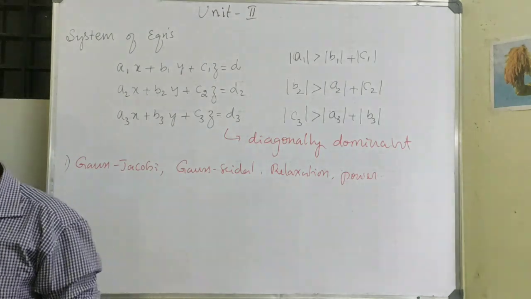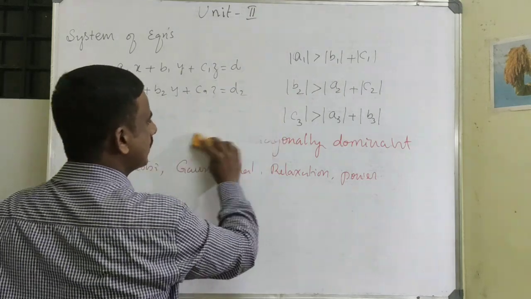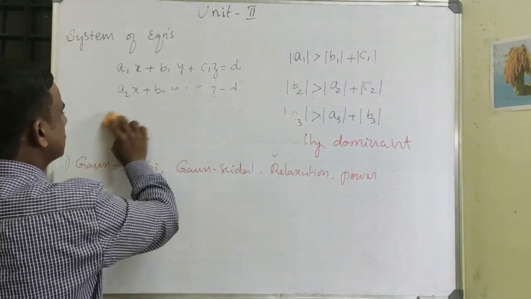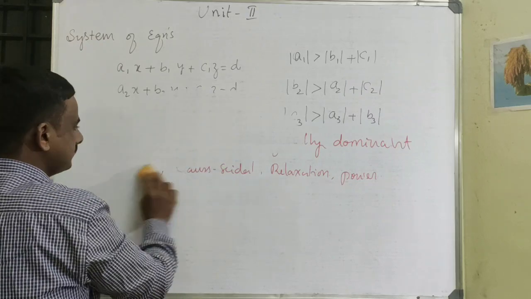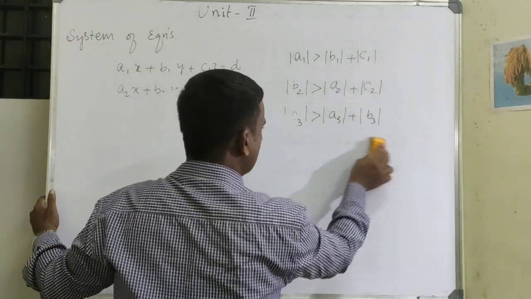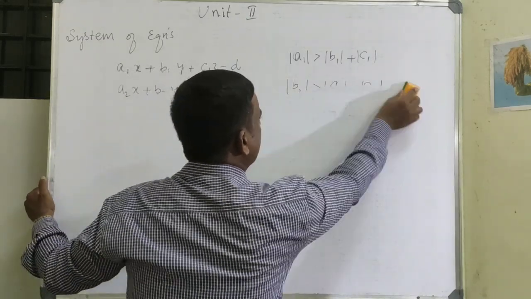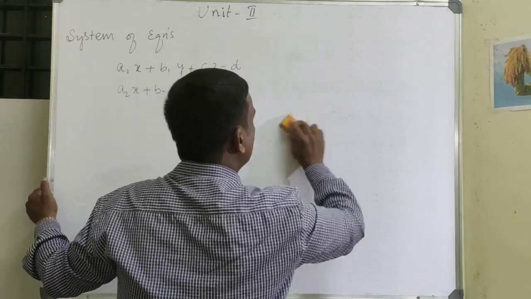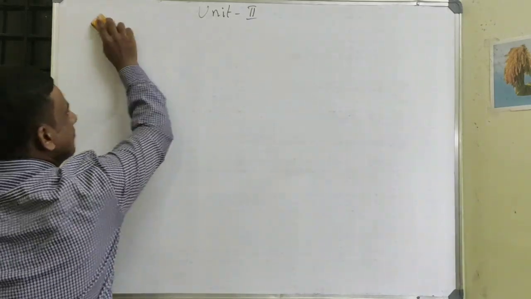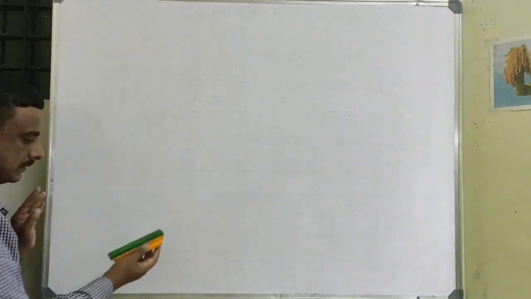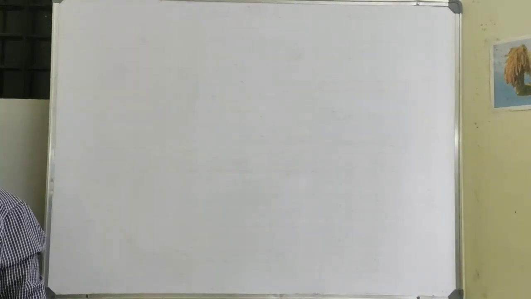Now let us discuss what we mean by the Gauss-Jacobi method. As usual, we will consider this system of equations. First we have to check whether the given system of equations is diagonally dominant or not. If not, then try to rearrange the equations such that the resultant system is diagonally dominant.